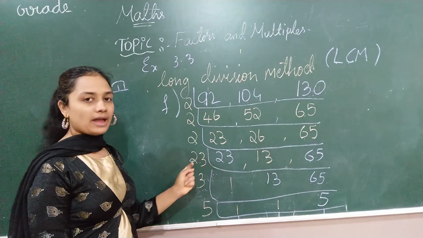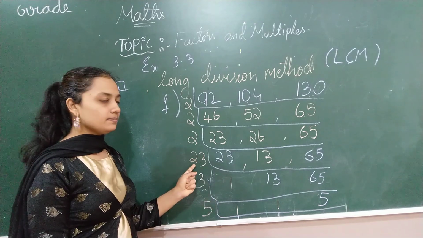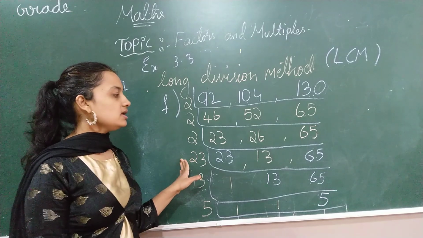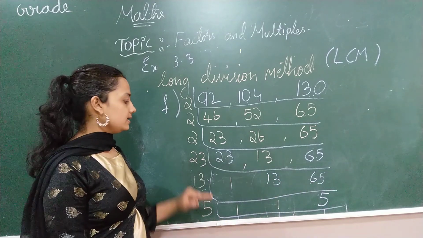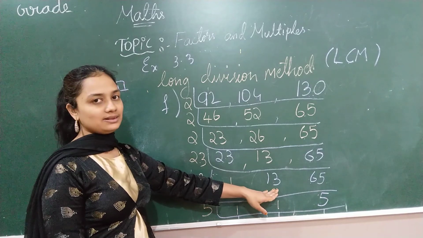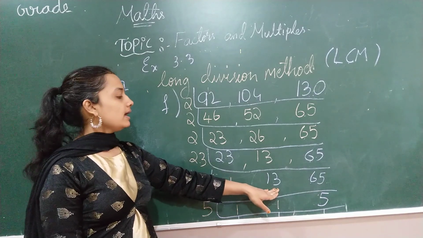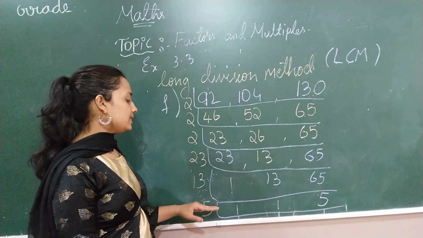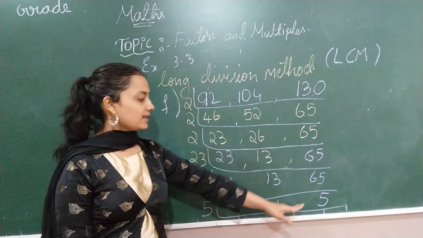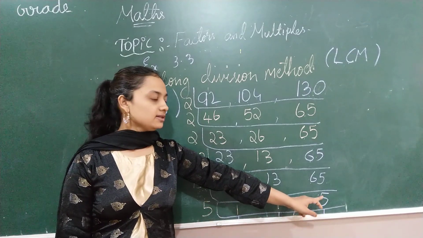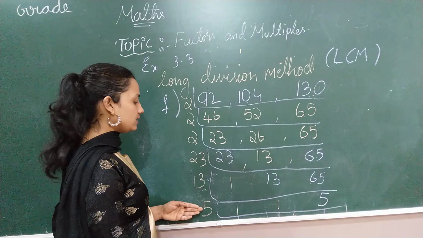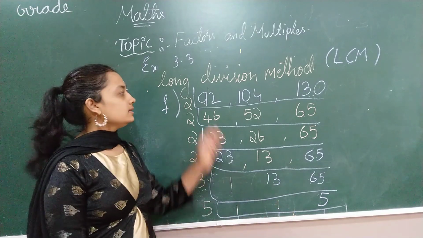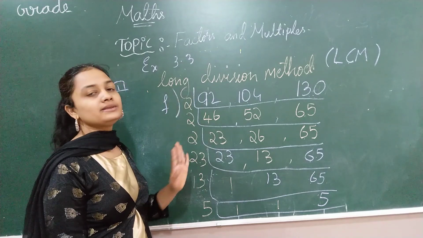Next, see this is a prime number, so I divided it with the same. I got 1. Other numbers cannot be divided with 23, so I wrote them as they are. Next, I choose 13 to divide this because 13 is a prime number. And I divided 65 also with 13, it goes in 5. Last, I have everything 1 here except this. So which I should divide is 5. 5 is a prime number. I choose 5 to divide it. I got all the numbers 1, 1, 1 here. So this is my long division done.